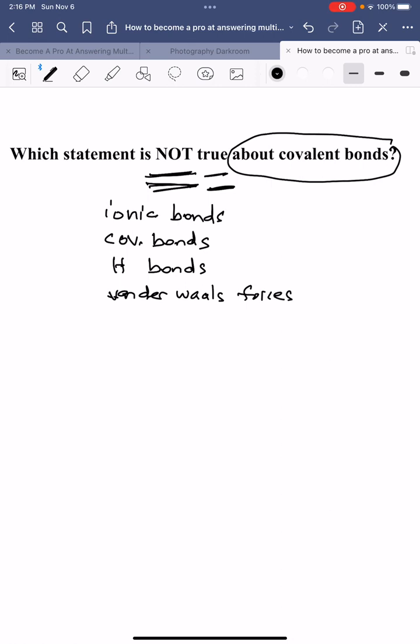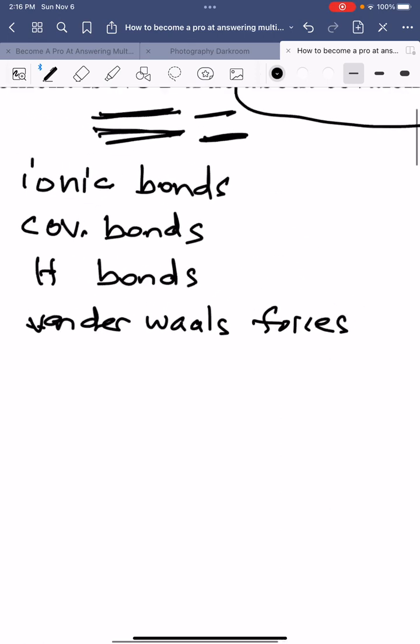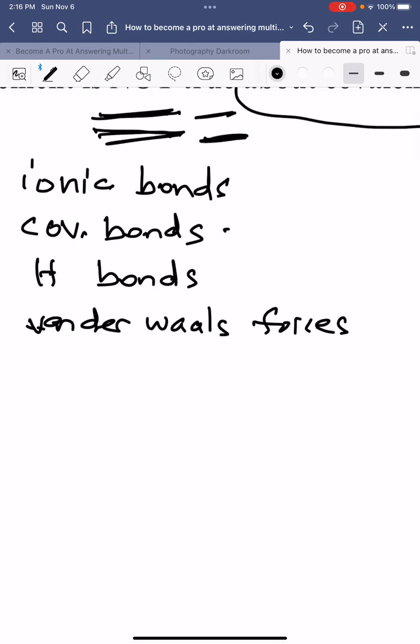So if you have that little list in front of you, maybe you can remember that covalent bonds are the strongest type of bond we have compared to ionic, hydrogen, and van der Waals forces.